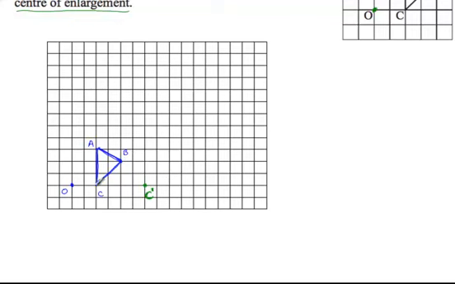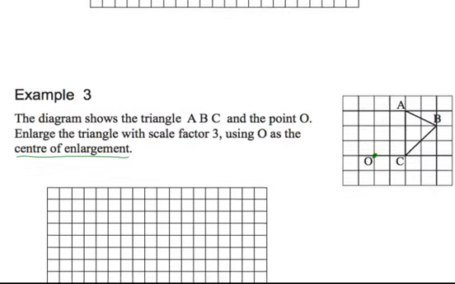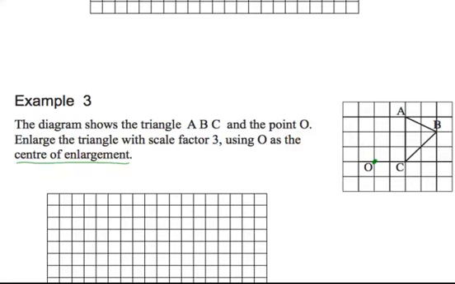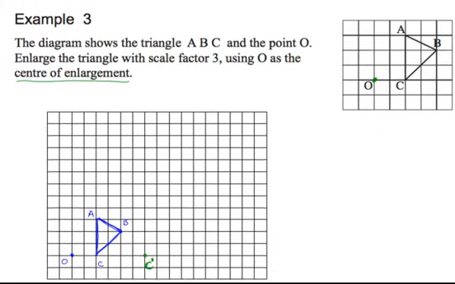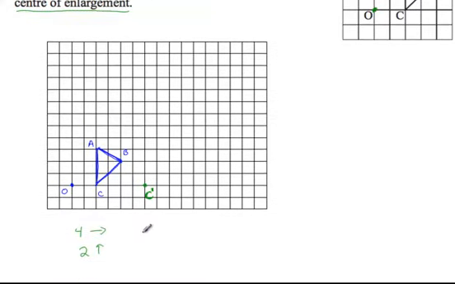B is 1, 2, 3, 4 to the right in the X direction, and 1, 2 up in the Y direction. And we have to multiply those by a scale factor of 3. Okay, so B is over by 4 in this direction, and up by 2. And we want to multiply these by 3 because we're using a scale factor of 3 mentioned in the question. So 4 times 3 will give us 12.